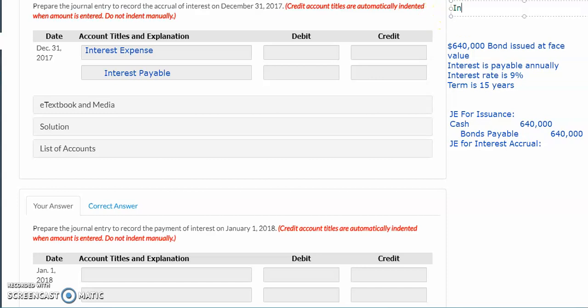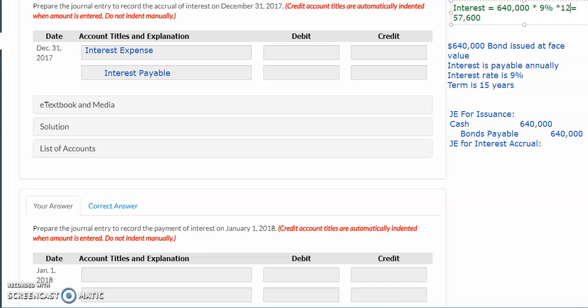So interest is going to equal the amount of the loan, $640,000, times our interest rate of 9%, so we will have $57,600, and you'll notice that this is the interest for the whole year.